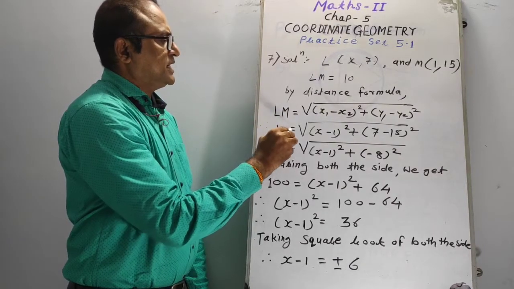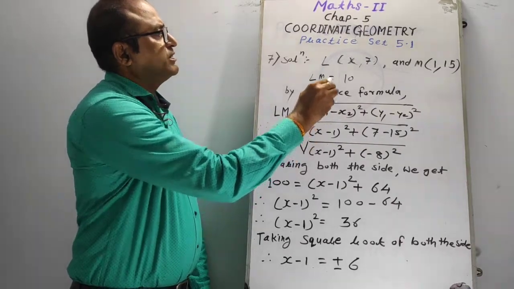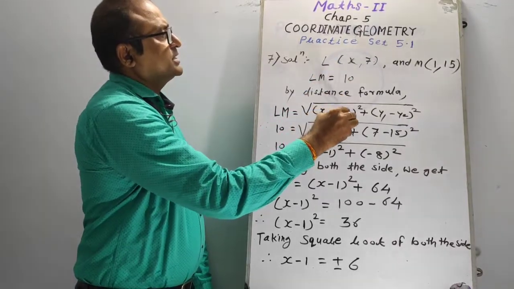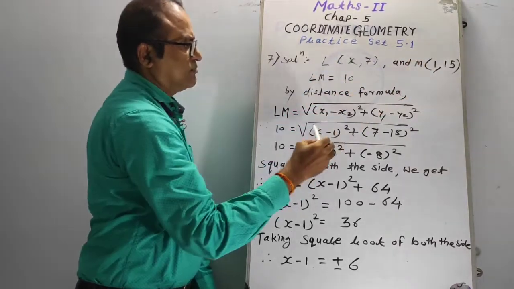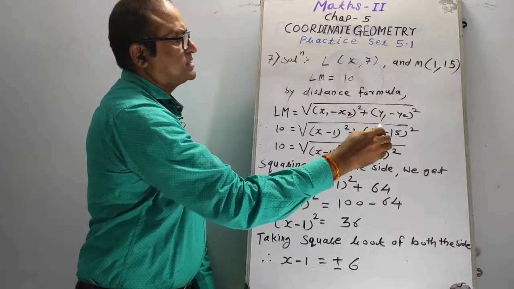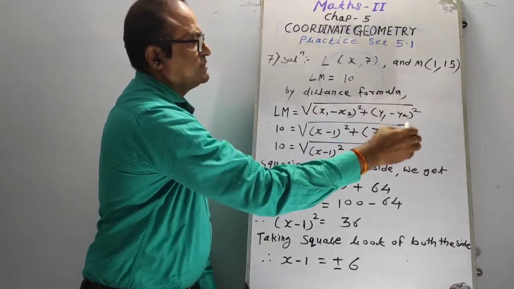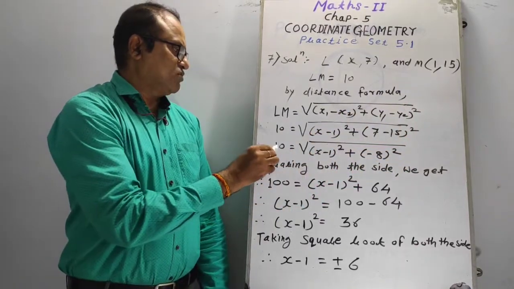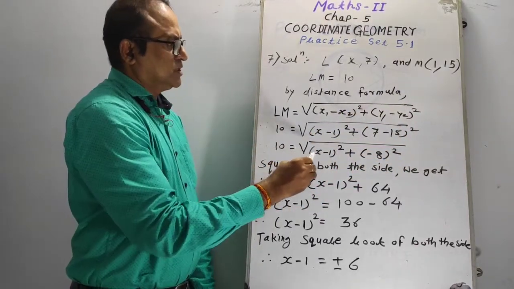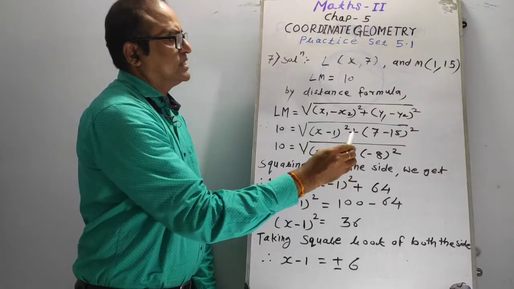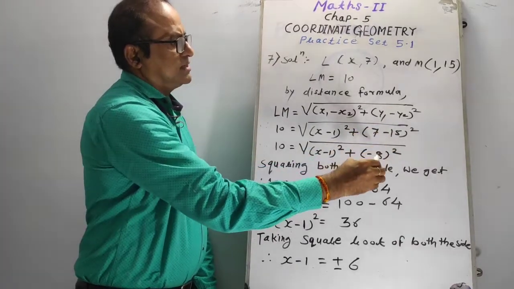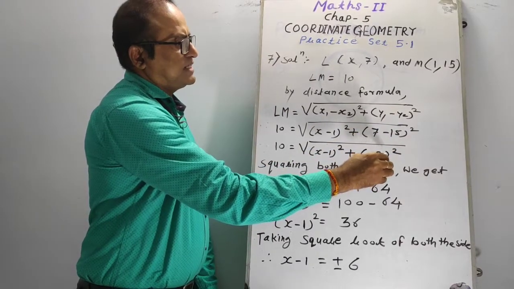Therefore, LM value is 10 is equal to root of (x1 value is x and x2 value is 1, so x minus 1) square plus (y1 value is 7 minus y2 value is 15) square. Therefore, 10 is equal to root of (x minus 1) square plus (7 minus 15 is -8) square.